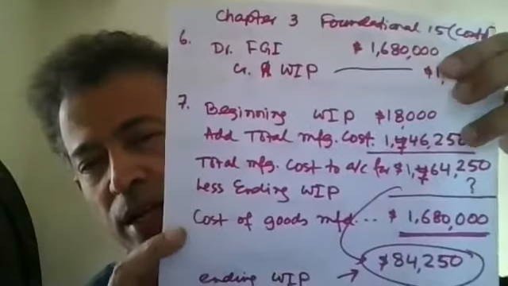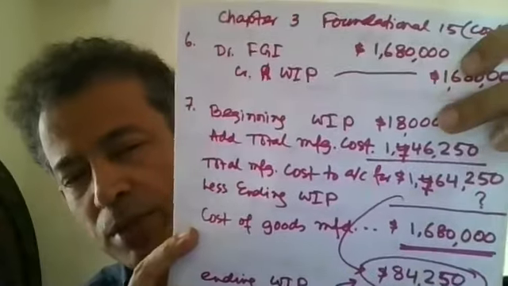The total of those three, which was total manufacturing cost, was $1,746,250. So $18,000 plus total manufacturing cost of $1,746,250, minus ending. Ending is not given, but the cost of goods manufactured has been given in G. So they want us to do some forensics, and we can do it here, as I have done in number 7.